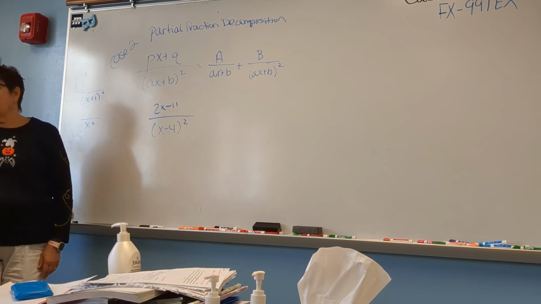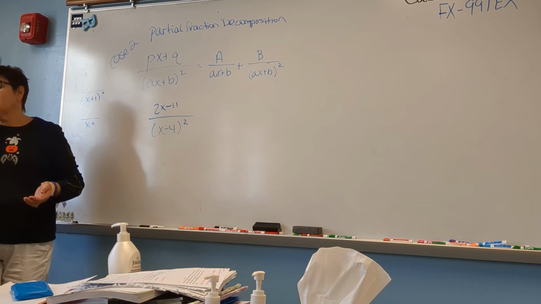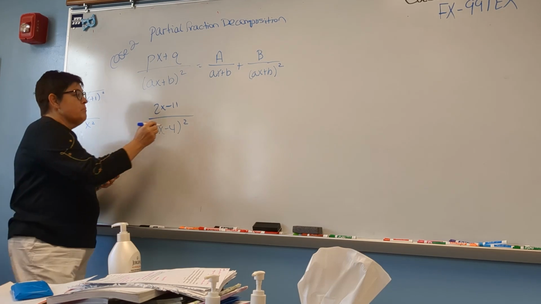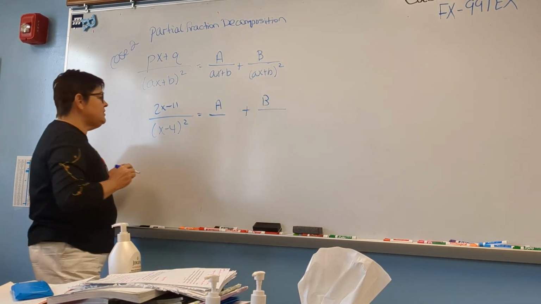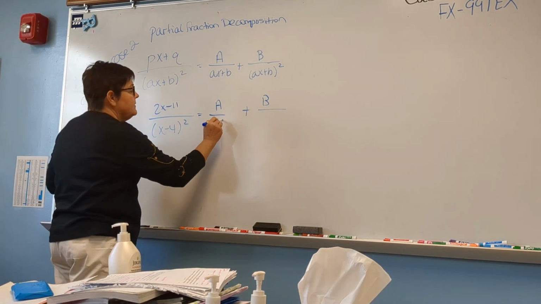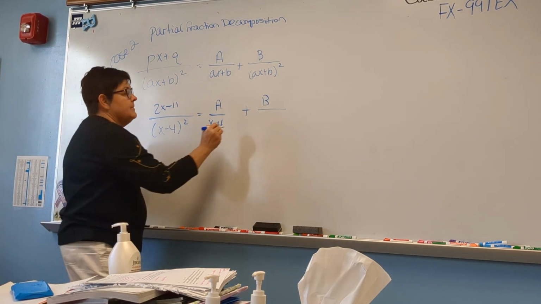If it's a trinomial that has two obvious different factors, then you want to factor it. But this one doesn't. What did you put A over? X minus 4. And then what did you put B over? X minus 4 squared.